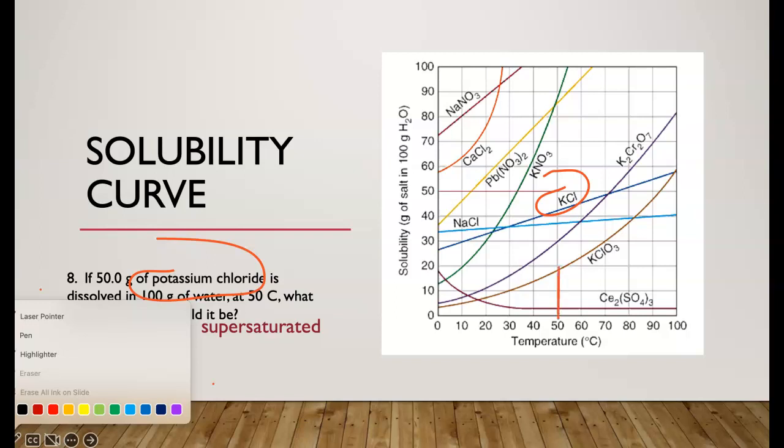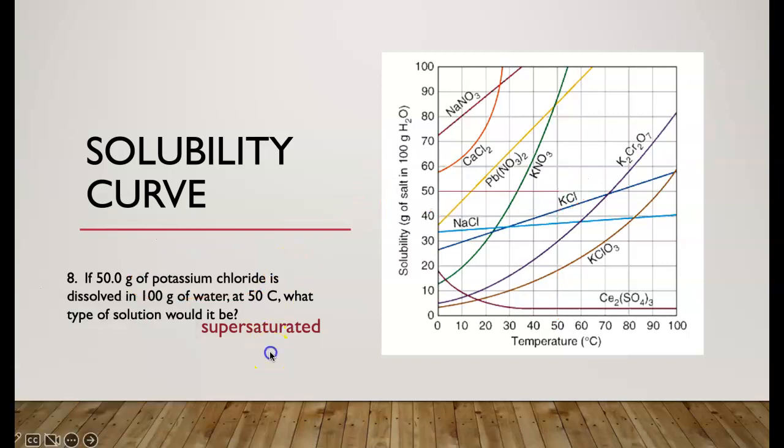So then I'm going to go up to 50 degrees Celsius. And I can see that a little over 40, of course, if my lines were straight. And so that would be a supersaturated solution. So that means that I would have to heat it up and really stir it to get that much potassium chloride, 50 grams, to dissolve.